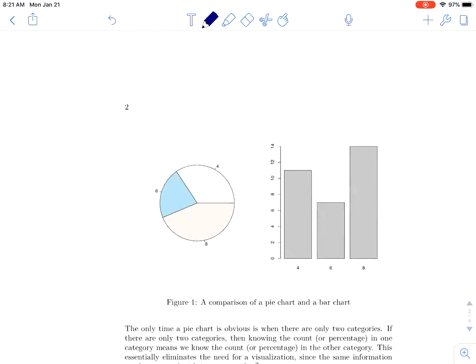If I tell you there were 70% males, do you know how many females there were? 30%, right? And so you want to kind of steer clear of pie charts, just word to the wise, okay? Because often a pie chart can just as easily and more effectively be communicated in a table.